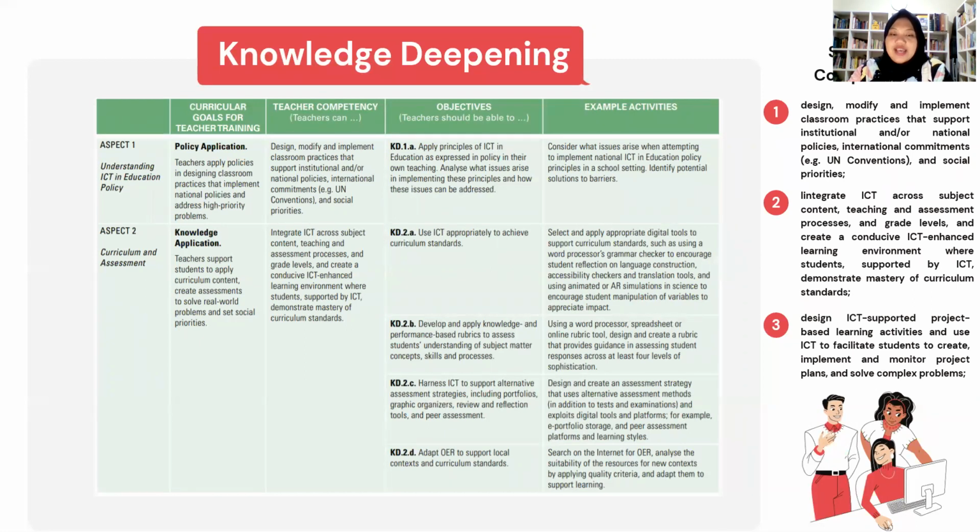The first is to design, modify, and implement classroom practices that support institutional and or national policies, international commitments, and social priorities. The second one is to integrate ICT across subject content, teaching and assessment processes, and grade levels, and create a conducive ICT-enhanced learning environment where students supported by ICT demonstrate mastery of curriculum standards.